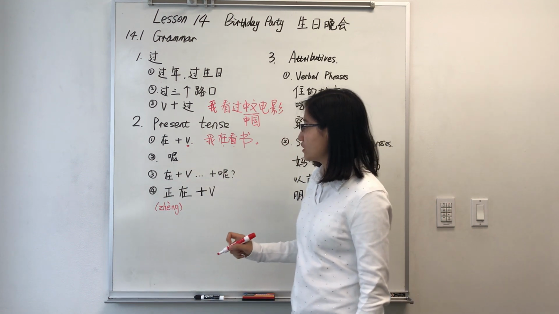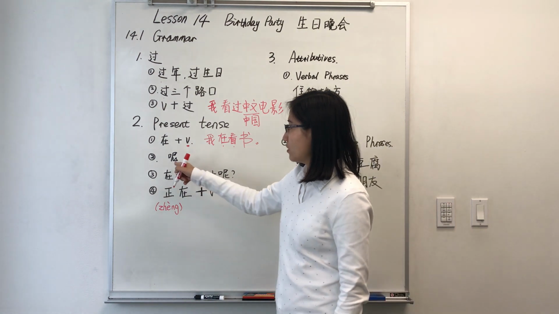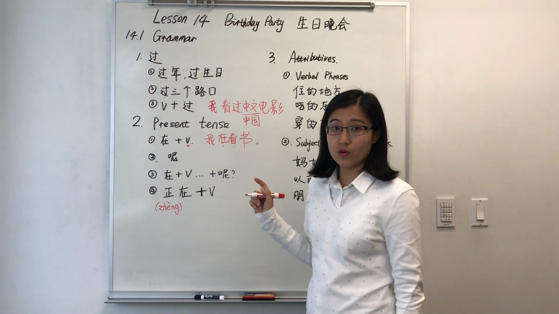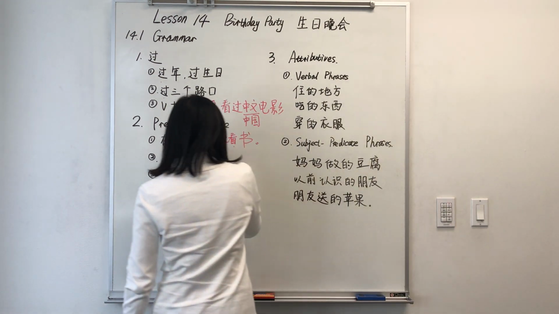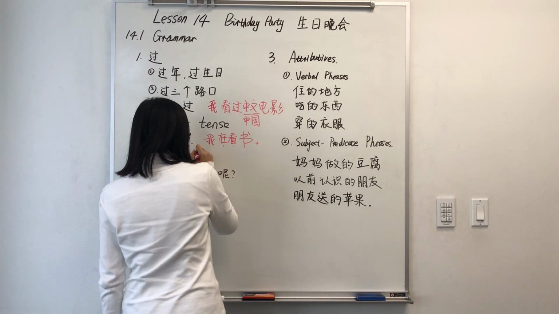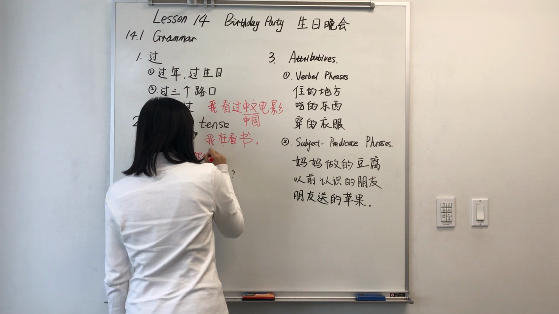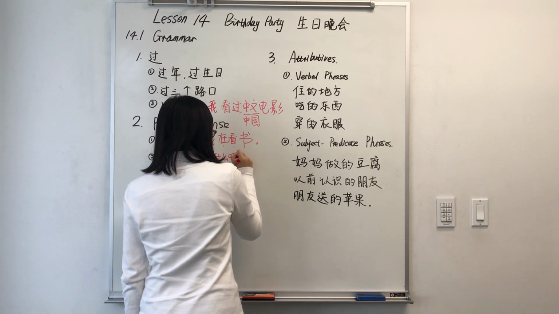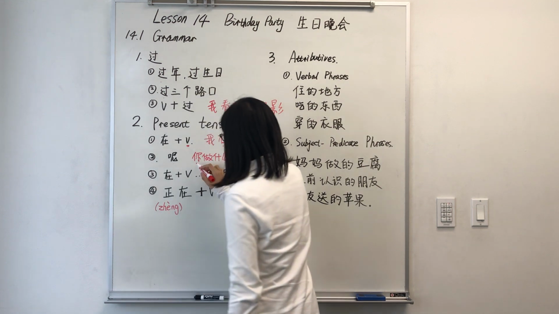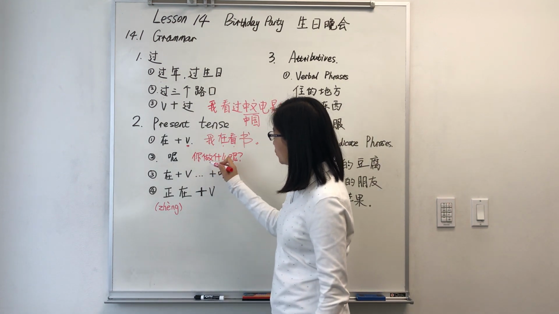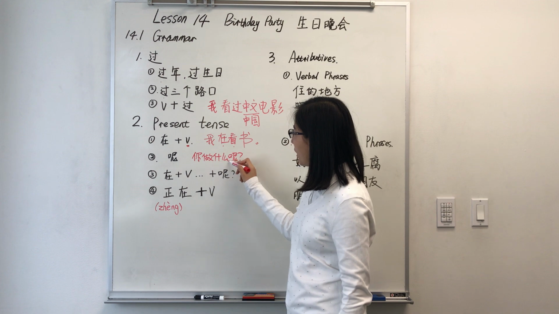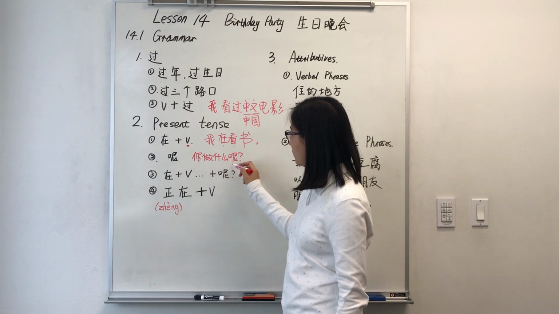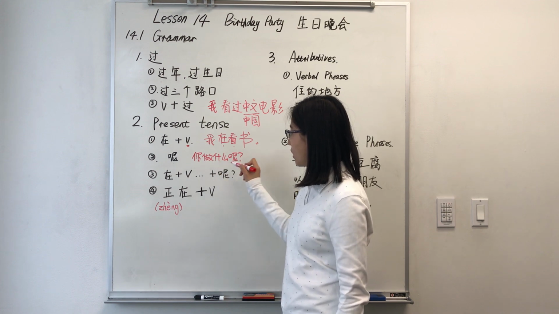The second one is add 呢 at the end of the sentence. For example, 你做什么呢？ 做 means do something. 什么 means what. You do what plus 呢 means what are you doing.